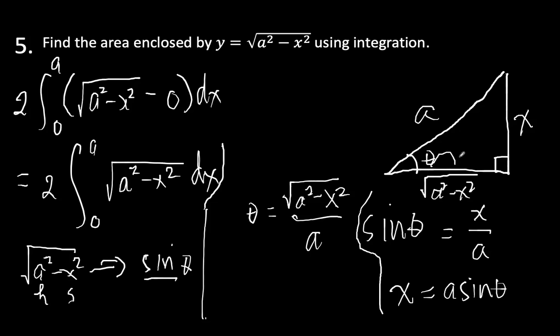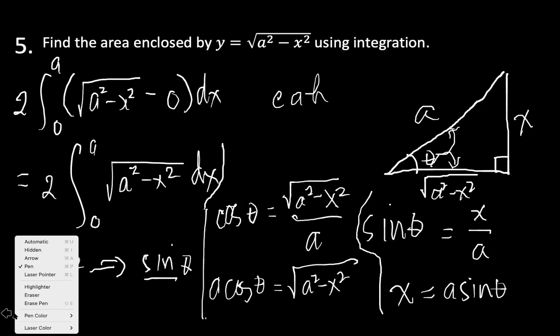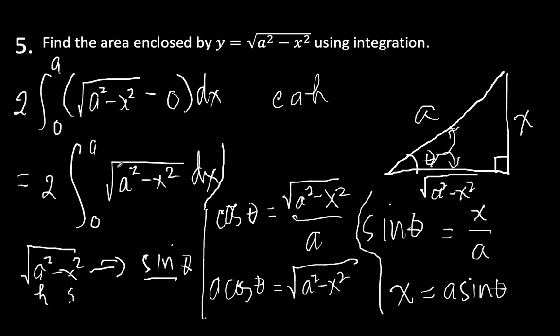This is adjacent over hypotenuse, so cosine. So this is cosine theta, adjacent over hypotenuse, is equal to this. Therefore, a cosine theta is equal to the square root of a squared minus x squared. So we have already found an expression for this, which is this. And we don't have dx yet.